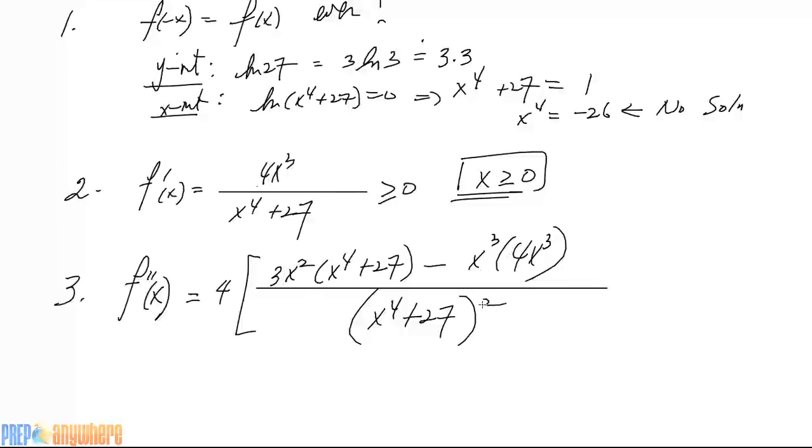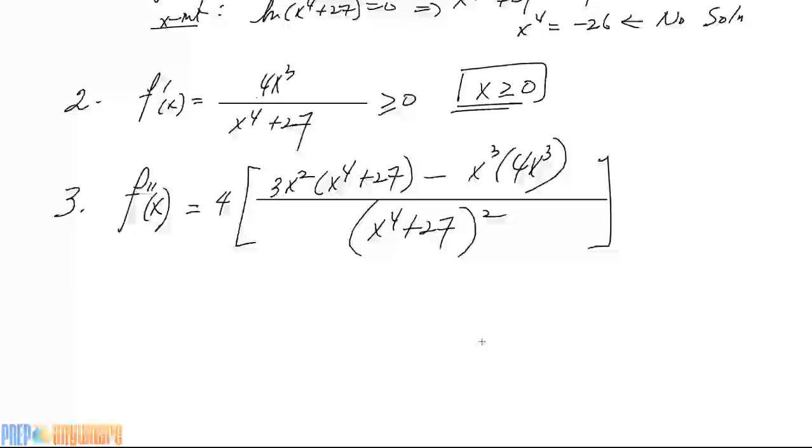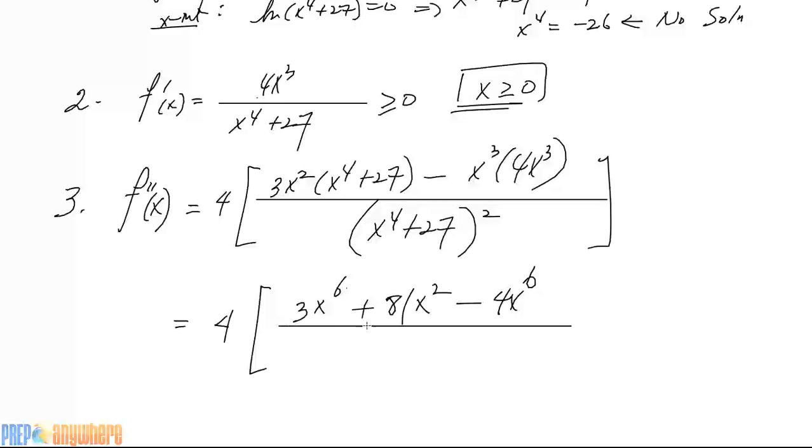Okay. Alright, let's clean this up. You get 3x to the power of 6, 81x squared minus 4x to the power of 6.